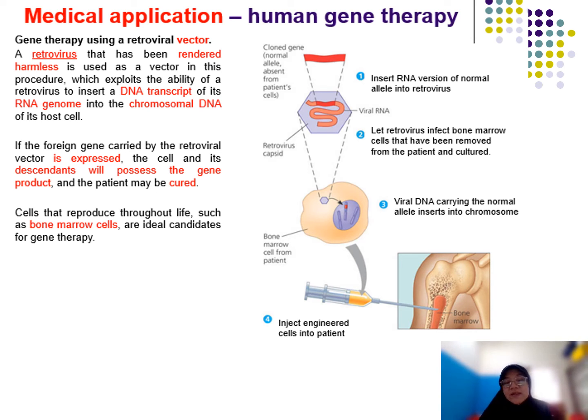Okay, so that kita dengan intention is that this is as a therapy, okay, so that dia akan hasilkan sel yang baru yang akan memberi genetik yang baik, okay, kepada pesakit tadi supaya it will treat the genetic disease. Okay, so this is gene therapy.